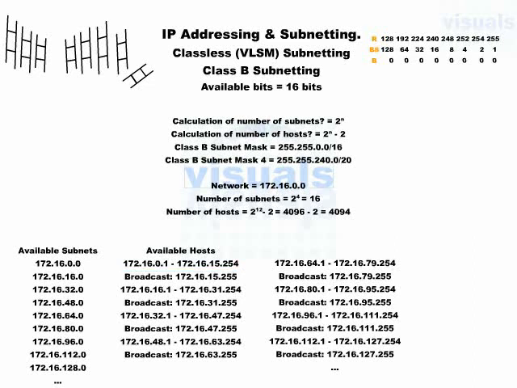Second subnetwork is 172.16.16.0. For this network, valid addresses are from .16.1 to .31.254. Broadcast address is .31.255. Next network is .32.0.